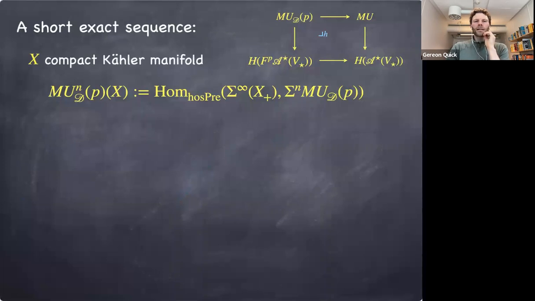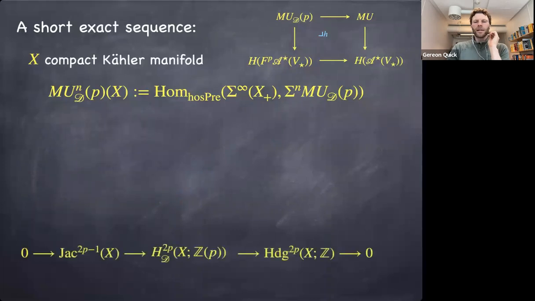And let's just for a second look at this exact sequence, and let's look again at the special case of a compact Kähler manifold. We've already seen that this was an interesting case, namely here at the bottom we have again the short exact sequence that we studied for Hodge classes and the Griffiths Jacobian.